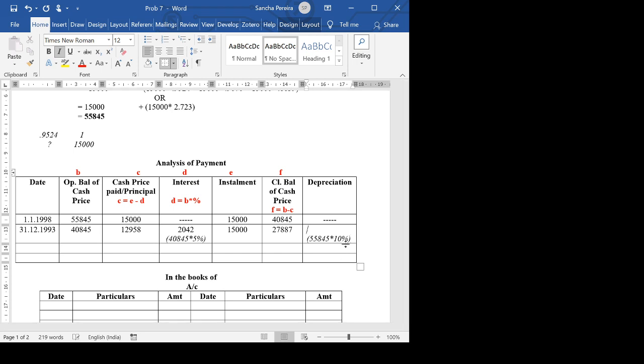It will be 12 by 12, and the amount of depreciation that you get is 55,845 into 10%, which after rounding up will give you 5,585. How did I get this? 10% is 5,584.5, so 0.5 becomes 5,585.